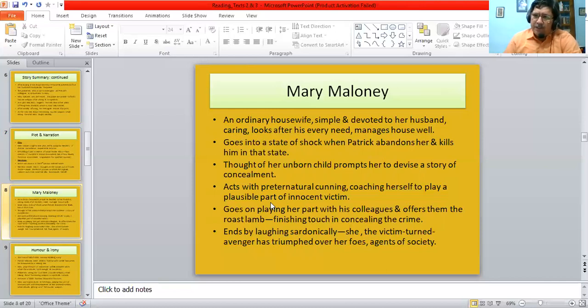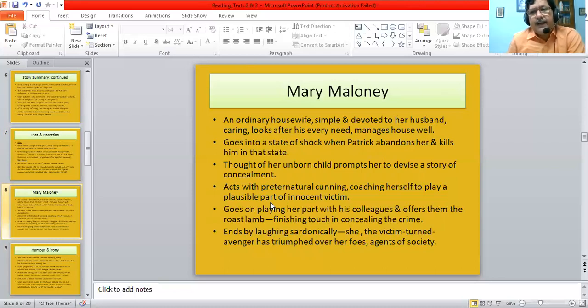So, she goes to the shops, goes through that charade of shopping, coming back, discovering the body, bringing up the police, and playing the part of tearful and shocked wife who has discovered burglary and her murdered husband at the house after coming back from the shops.